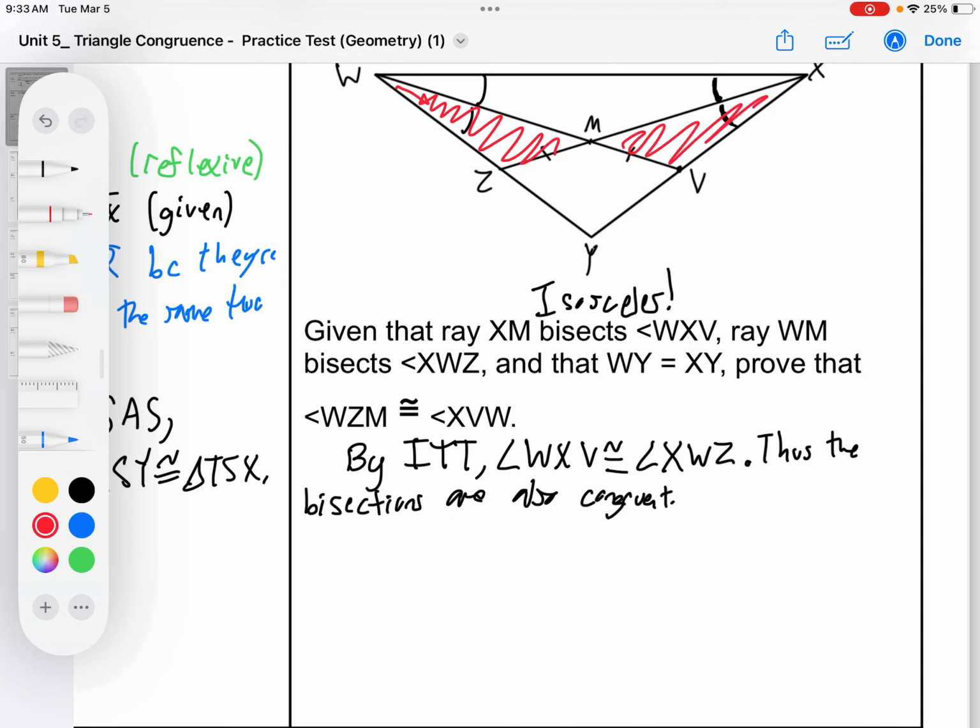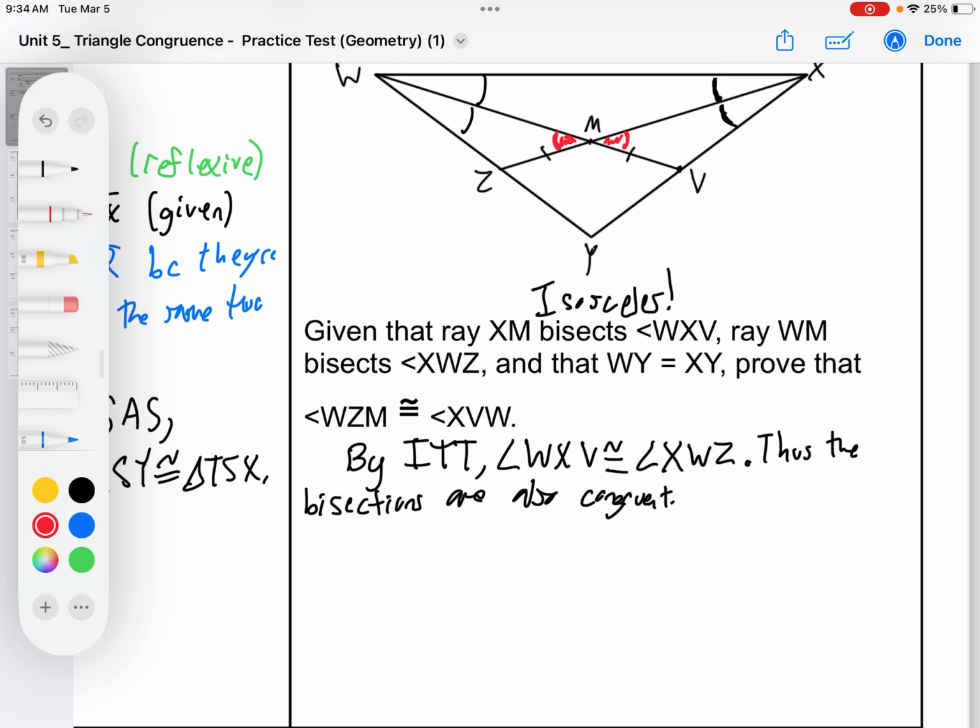Because right now, I've got a congruent angle here. I've got a congruent side here. So I'll need another angle or side. And, look at this. This is congruent to this. Those two red angles are congruent because they're vertical.